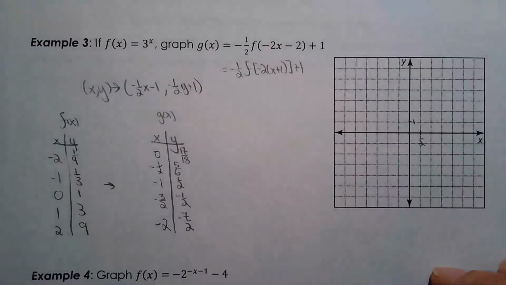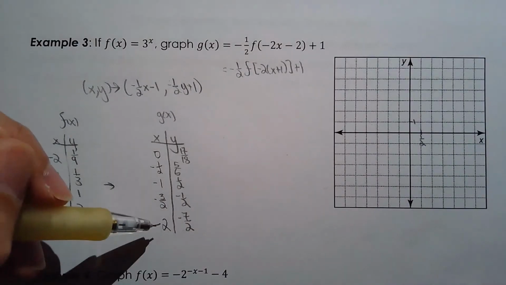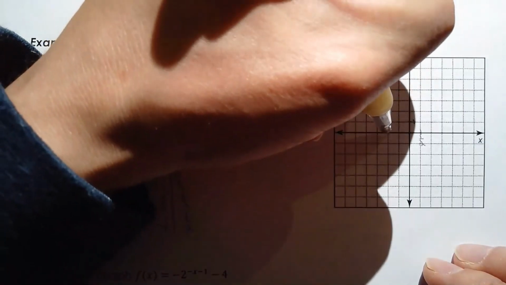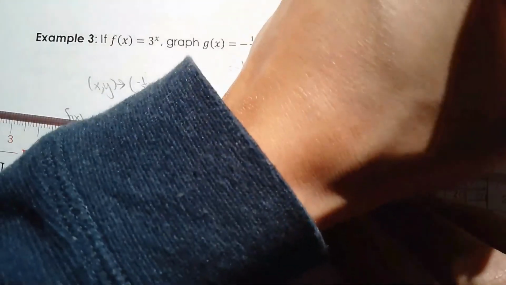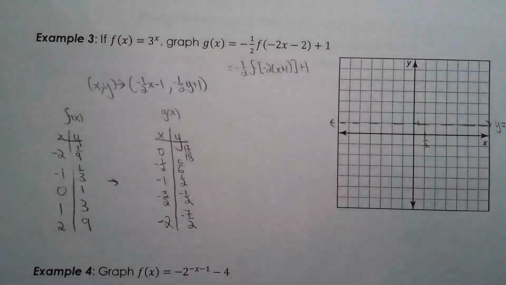Okay, so I'm gonna plot this first, -2. Actually, whoops, let's do the horizontal asymptote. Oops, there's your y equals 1 because it's a vertical translation 1 unit up.